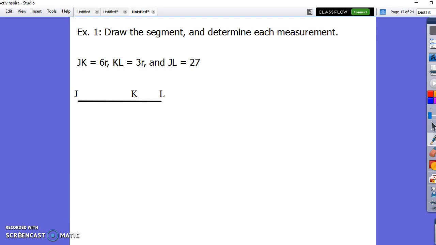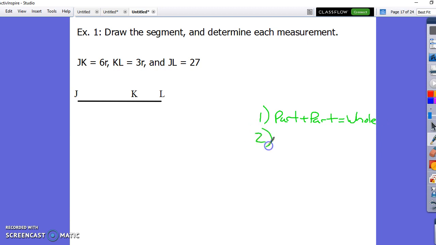So, what we're doing is segment addition. And segment addition has four main principles, four main strategies. The first strategy is part plus part equals whole.